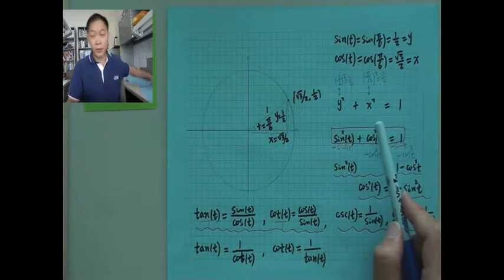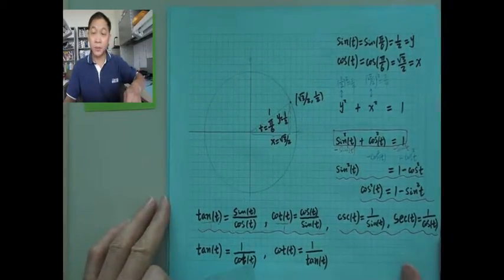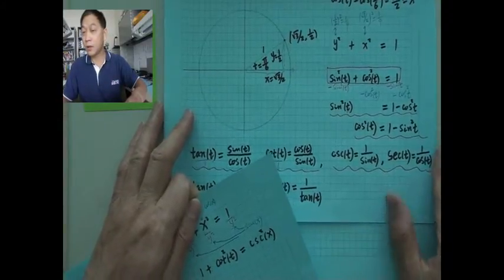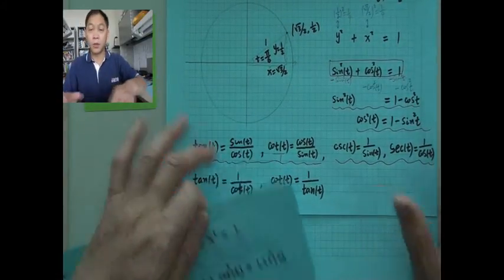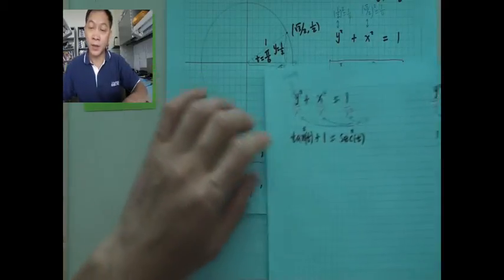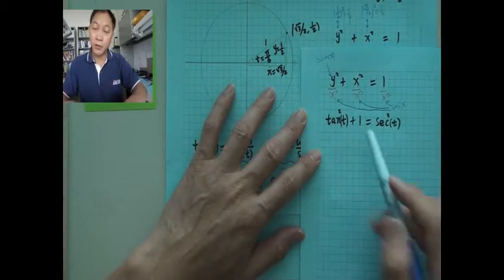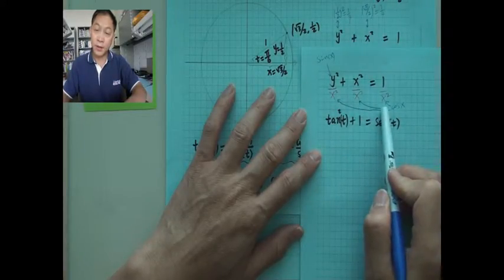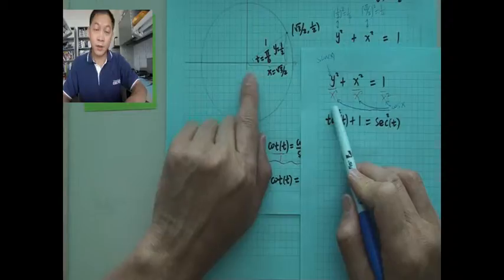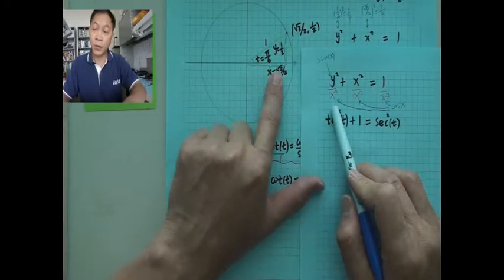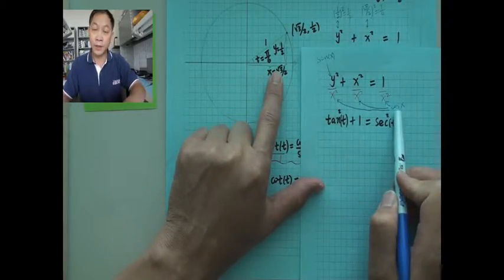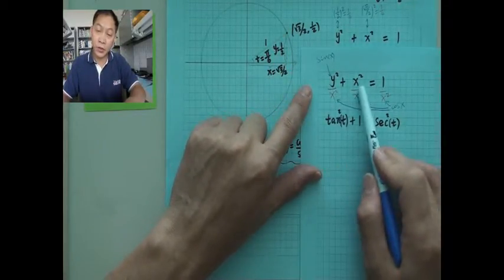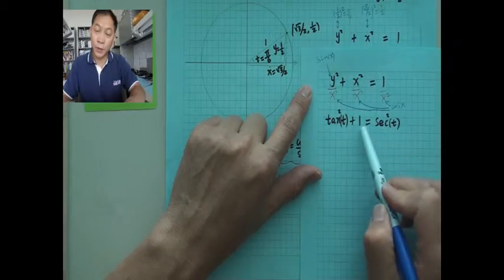From here, we can do two things. Let me move this up a little bit. One thing is that if you divide both sides by x squared, and x is actually cosine, and y is actually sine, x squared divided by x squared is 1.